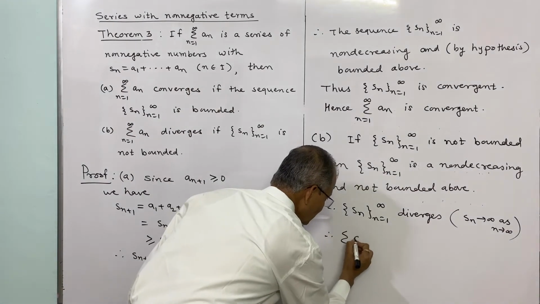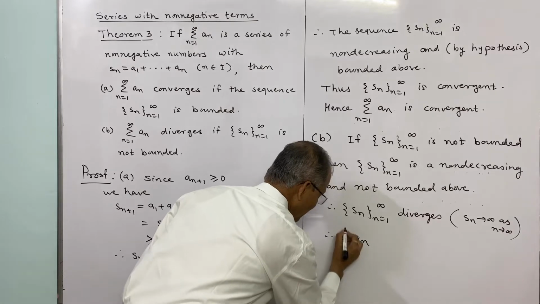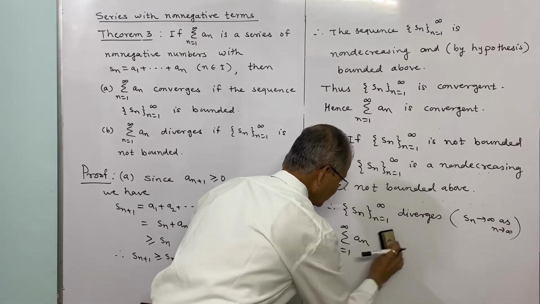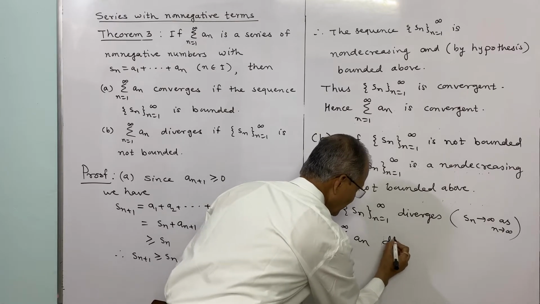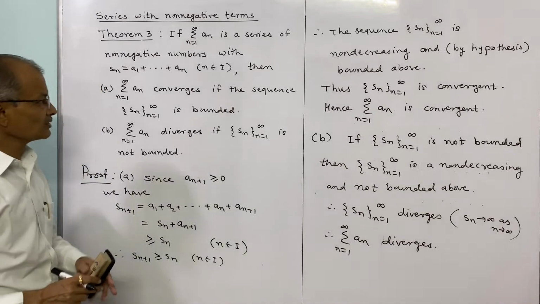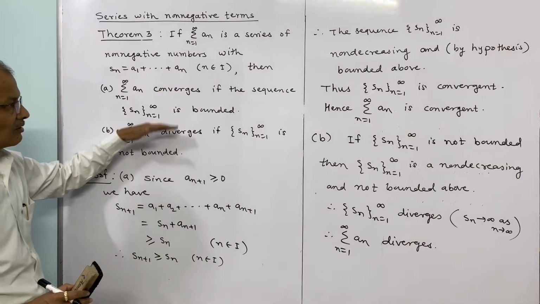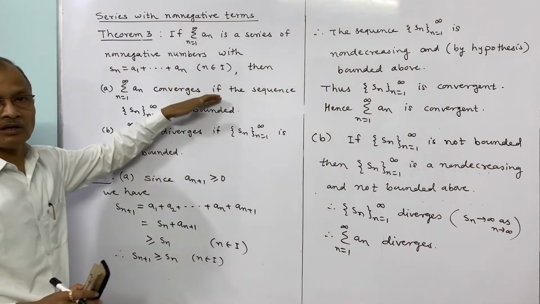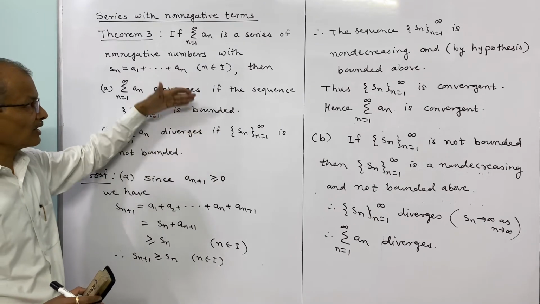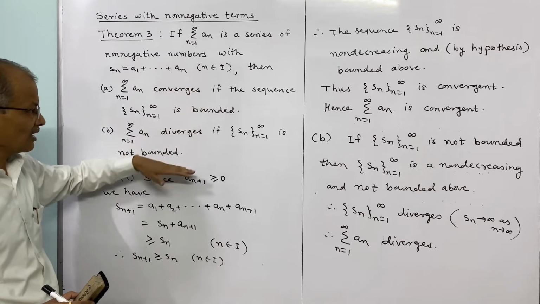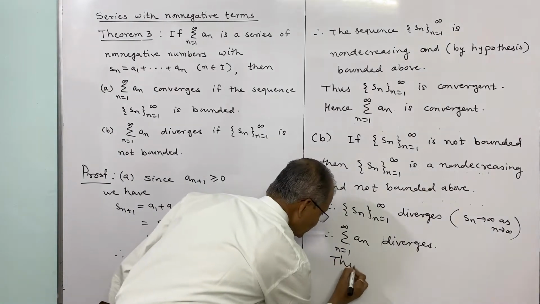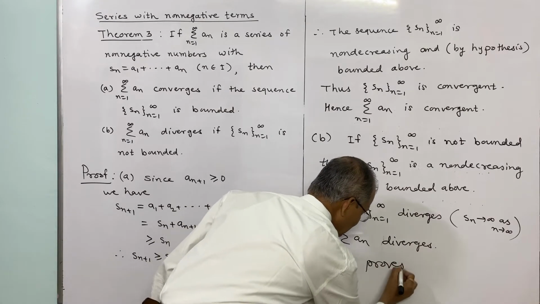Therefore the summation of an, as n takes value 1 to infinity, diverges, and this proves the theorem. So for a series of non-negative terms, convergence or divergence depends on the boundedness of the sequence of partial sums. If it is bounded, the series converges. If it is not bounded, the series diverges.